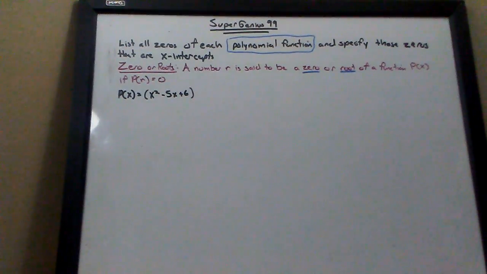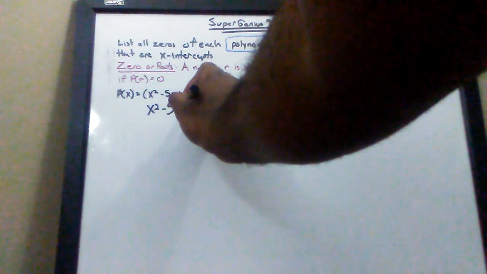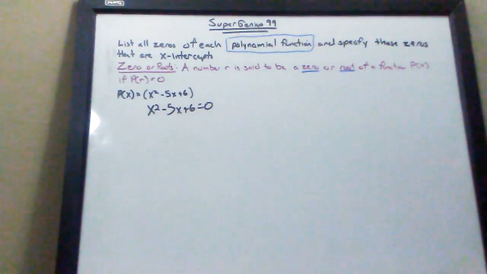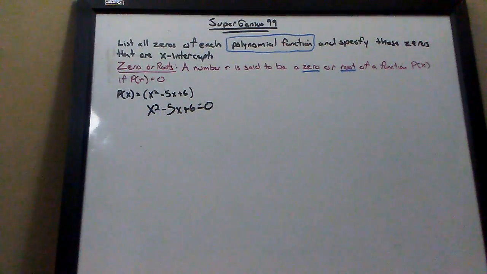Okay, here we have x squared minus 5x plus 6. So let's solve that for 0. Okay, so here we got to do factoring, right?